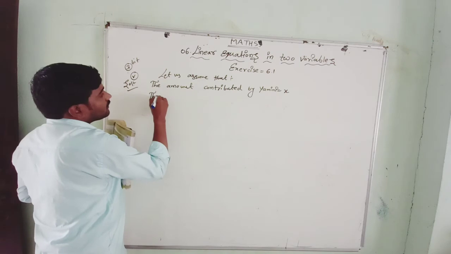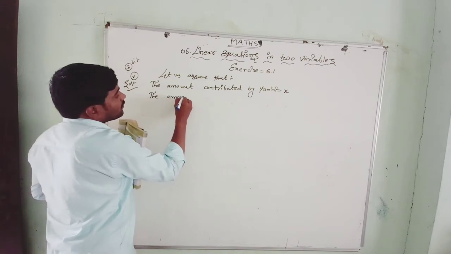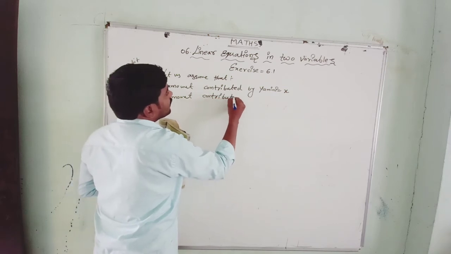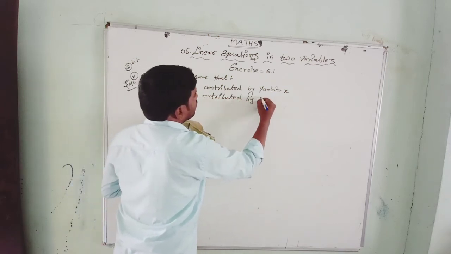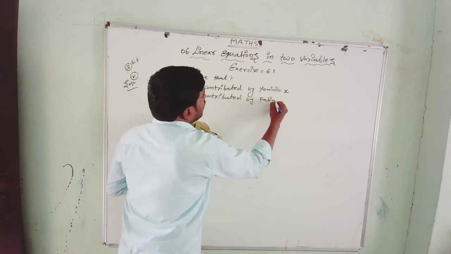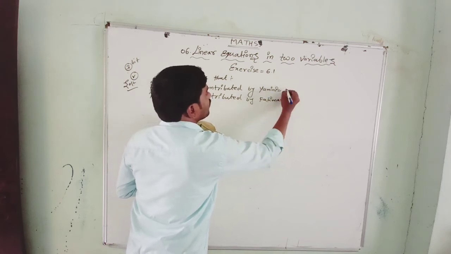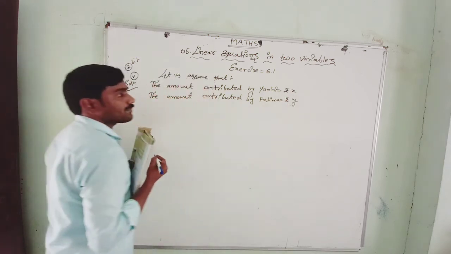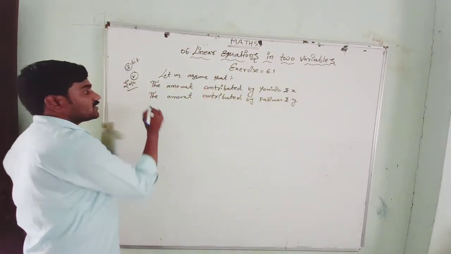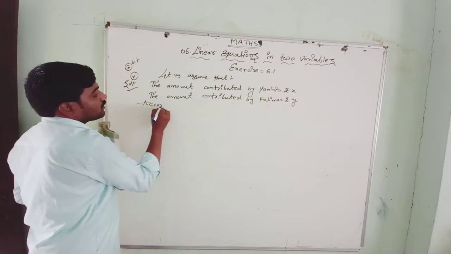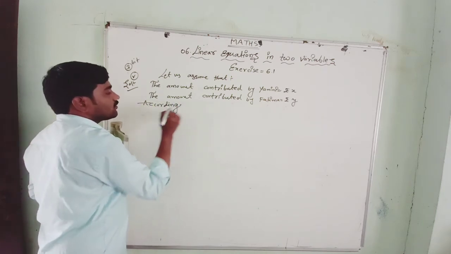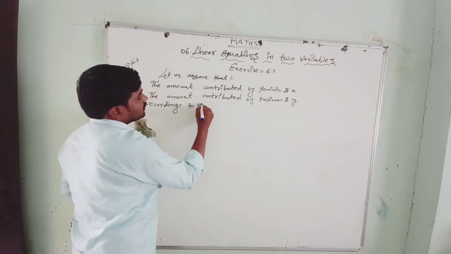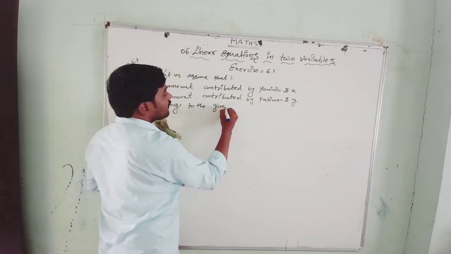Then the amount contributed by Fatima is equal to rupees y. Now according to the statement, you write the statement here. Writing the statement takes time, so I will write directly according to the given statement.